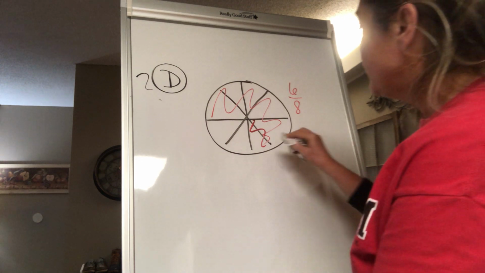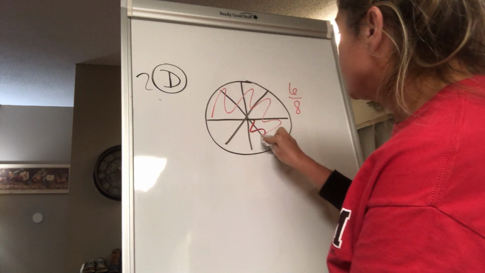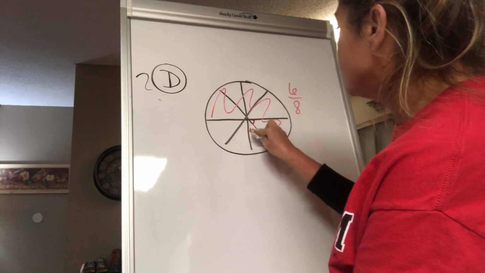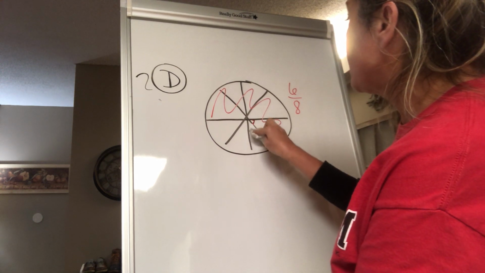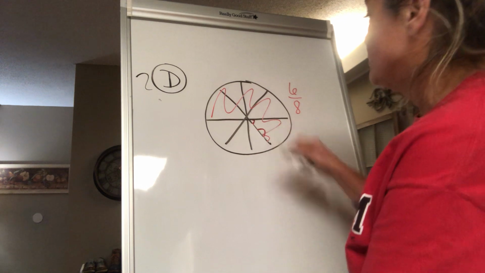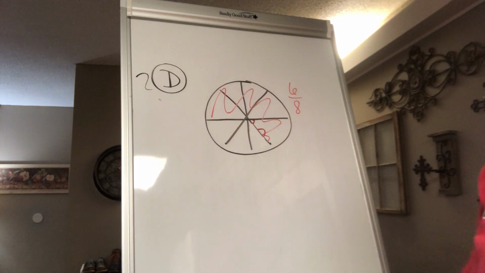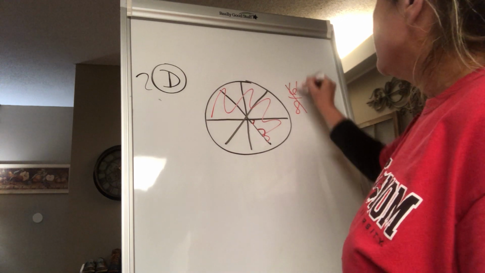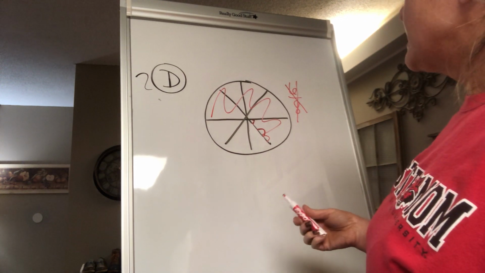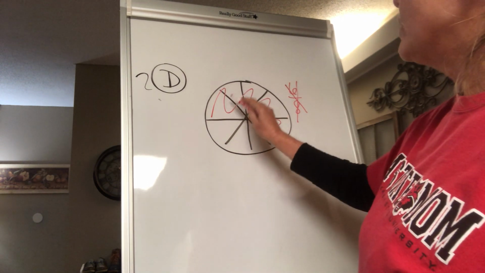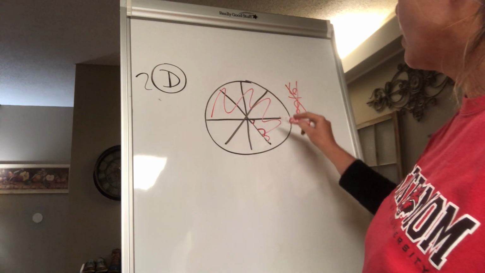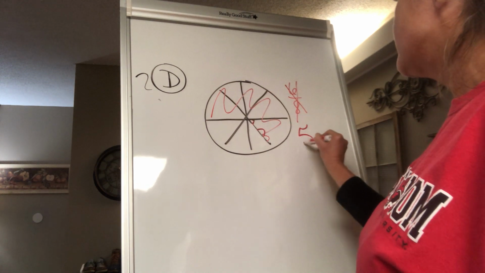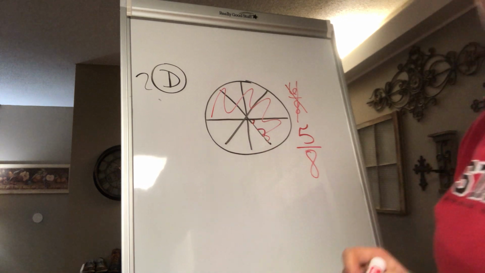But he went in and he ate another slice. So instead of coloring in another slice, I should have subtracted another slice. So he ate another slice. So now how many are left? There are 6/8 left. Now there's only 1, 2, 3, 4, 5 eighths left.